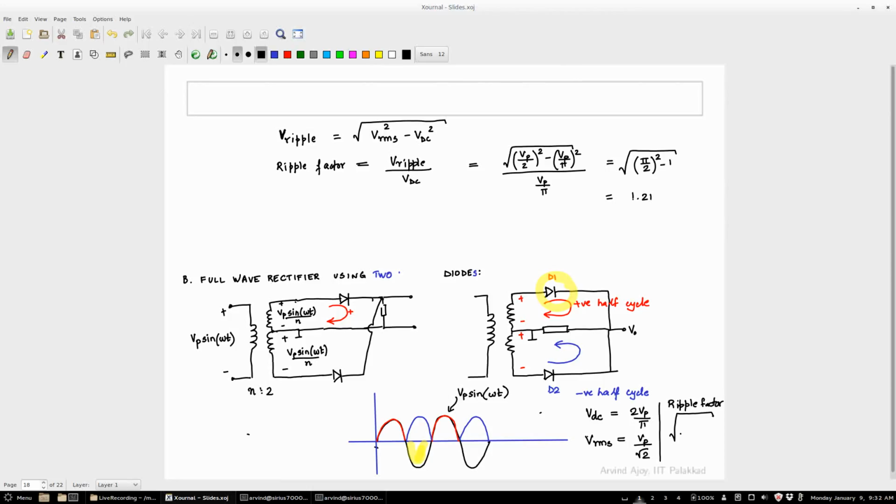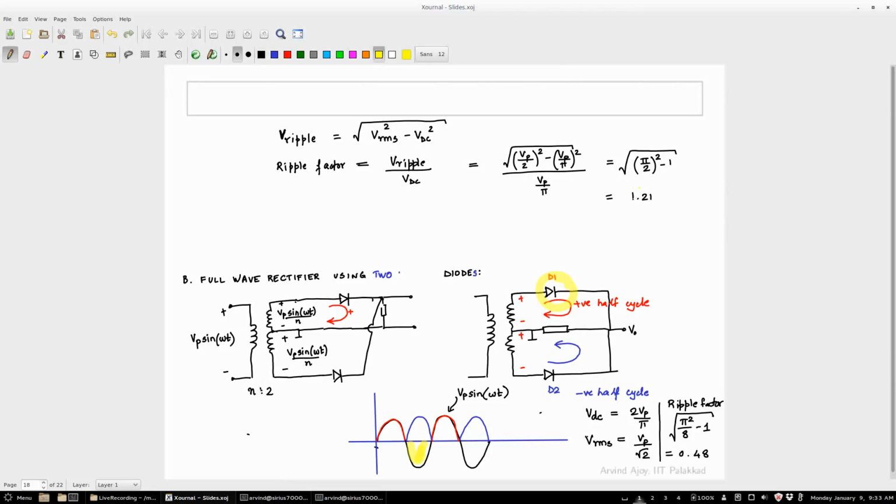Work it out. What will be the ripple factor? The expression is the square root of pi squared by 8 minus 1.